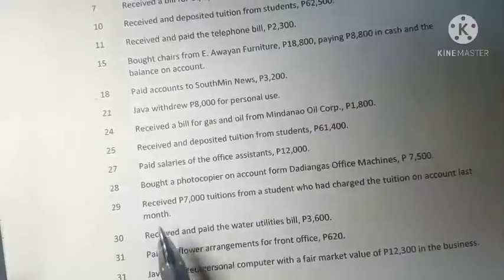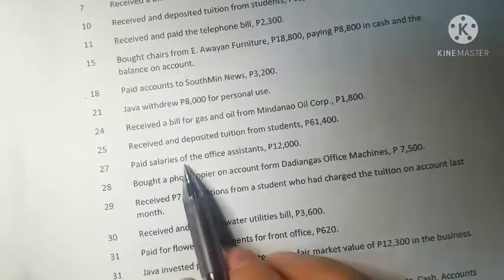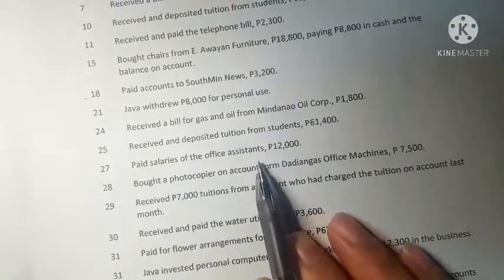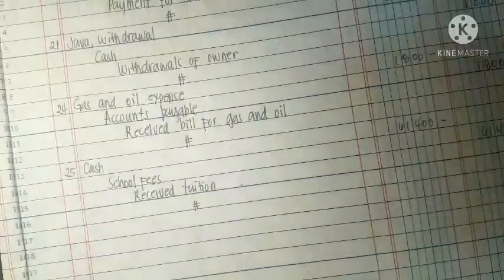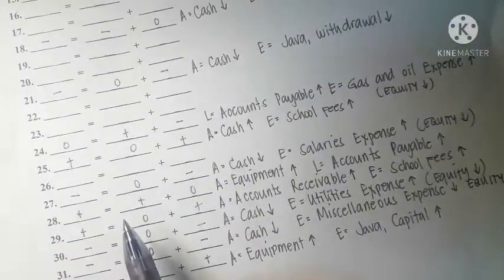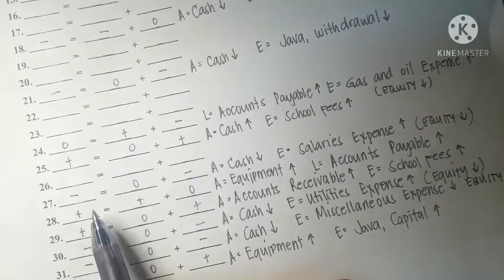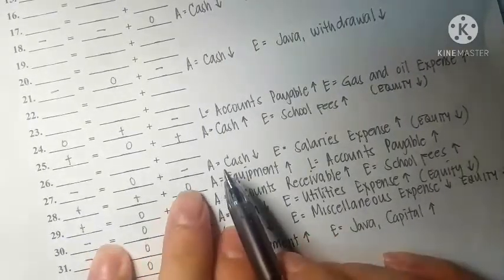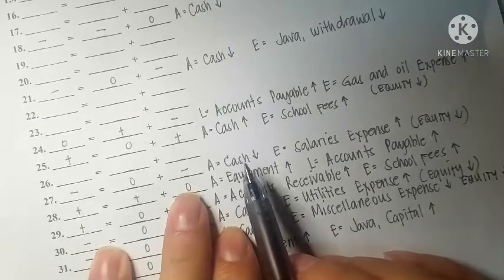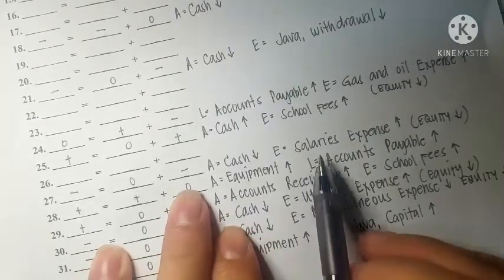October 27, paid salaries of the office assistants for 12,000. There is a decrease in assets, particularly cash, and a decrease in equity, particularly salaries expense.